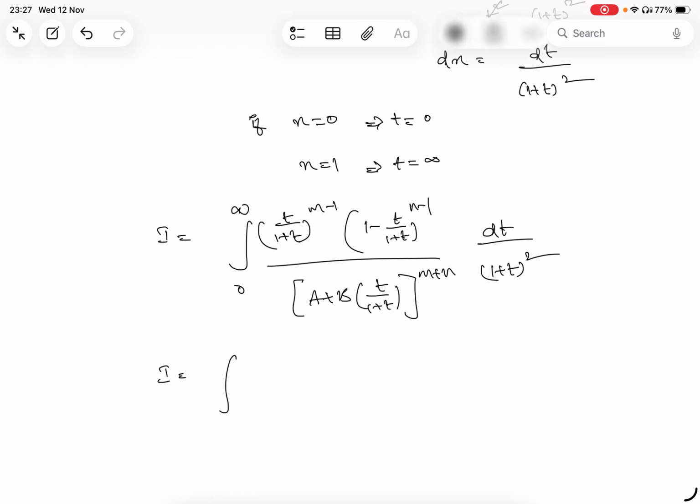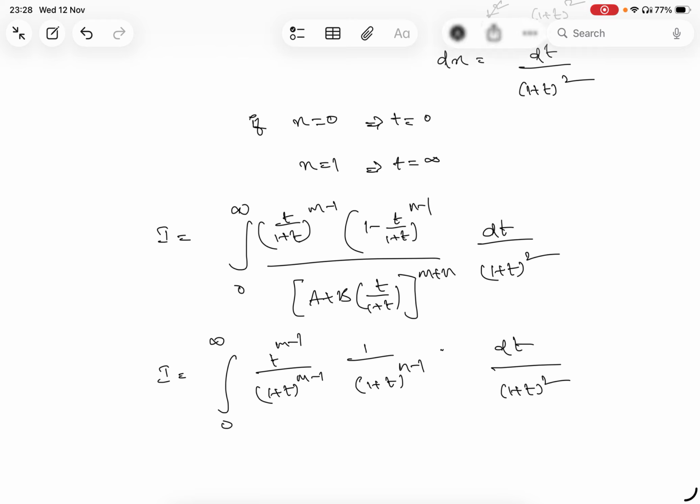So let's simplify it step by step. Then this will be integral 0 to infinity. This will be t power m minus 1 by (1 + t) whole power m minus 1. Now 1 minus x is (1 + t - t) by (1 + t), so the t's will get cancelled, and you are left with 1 by (1 + t) whole power n minus 1, into this, which will be as it is.